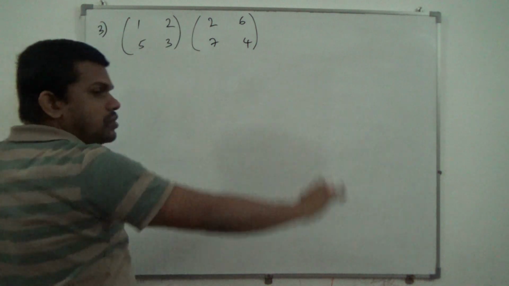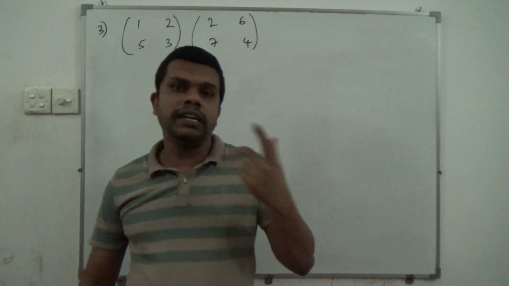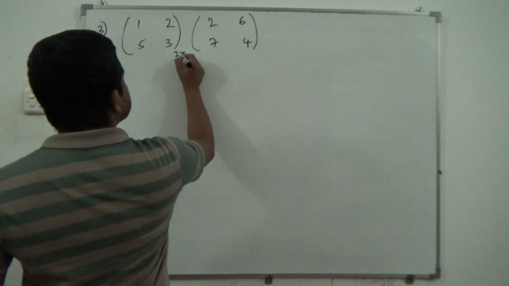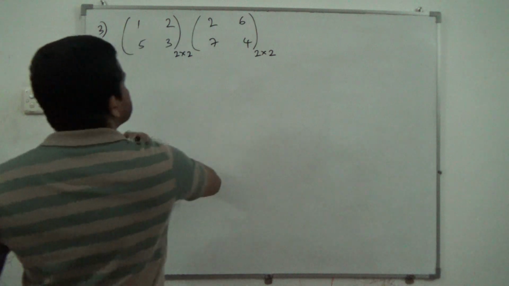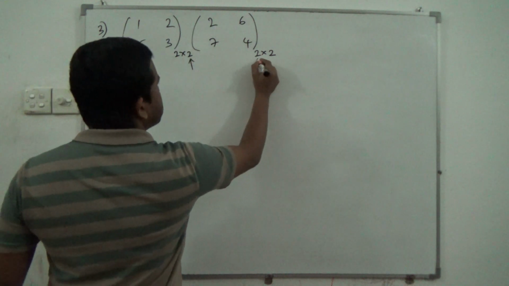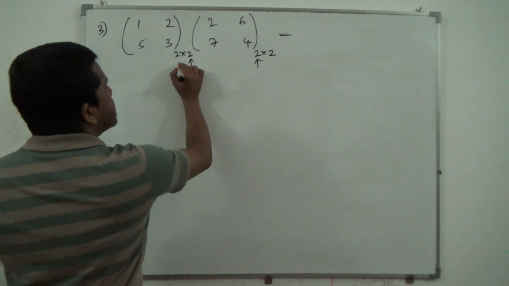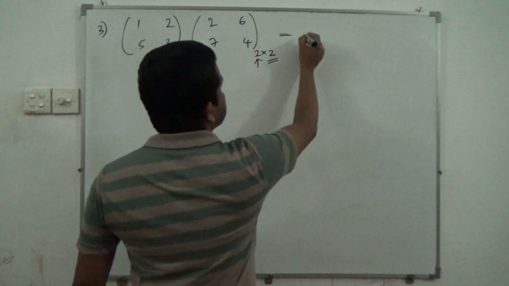Here first of all, we have to check whether the multiplication is defined. Here we have 2 rows and 2 columns. Here we have 2 rows and 2 columns. These two values are equal. Therefore, multiplication is defined. In the resultant matrix, there are 2 rows and 2 columns.